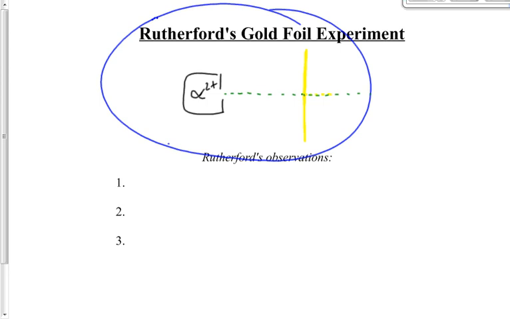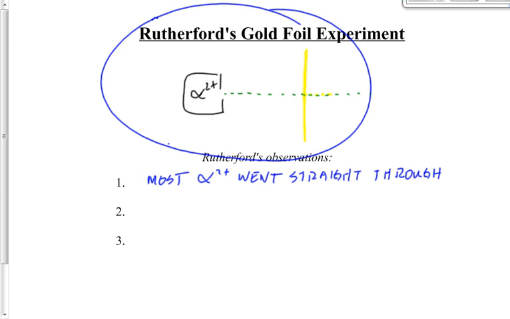Nothing groundbreaking or monumental there or even entirely surprising there. We'll tell you what each of these observations mean in just a second, but we'll go through the 3 observations first. Most of the alpha particles went straight through. In fact, not just most of them, the vast, vast majority of them went straight through.